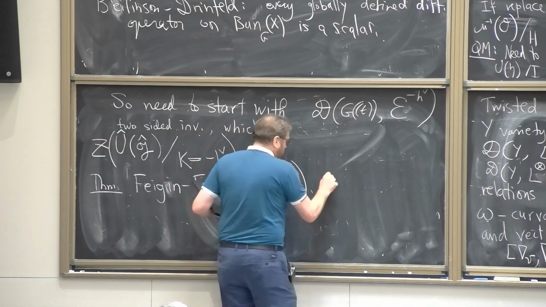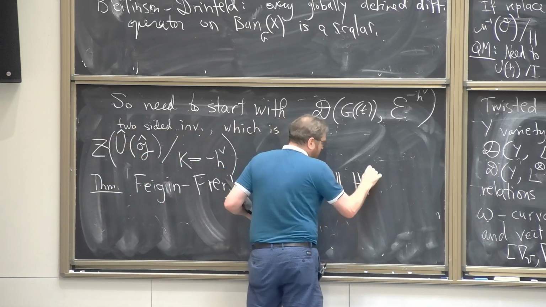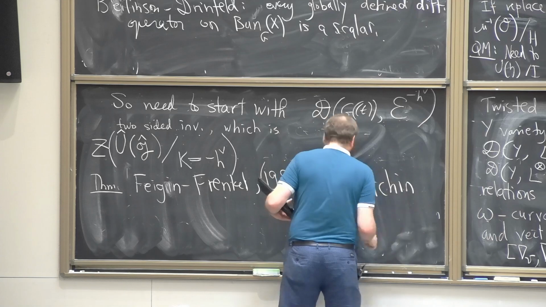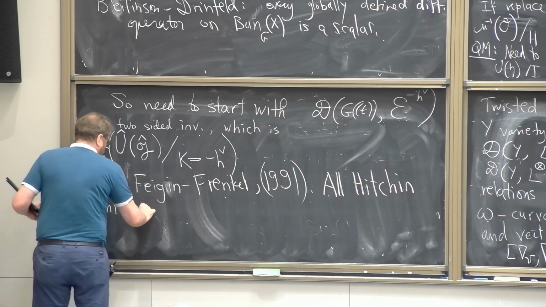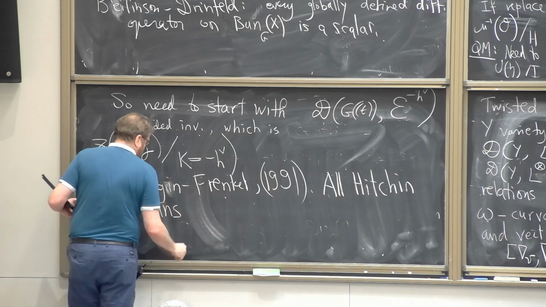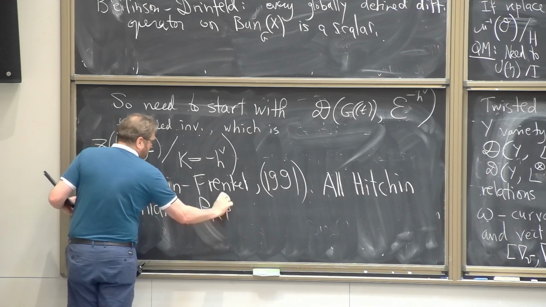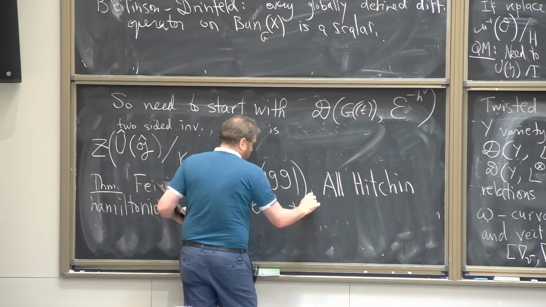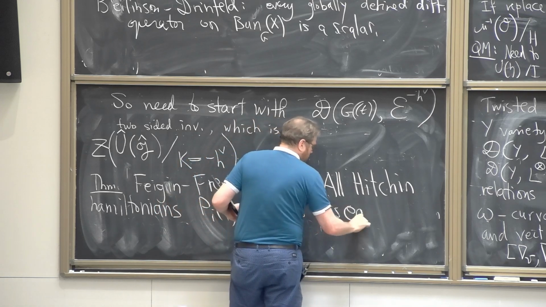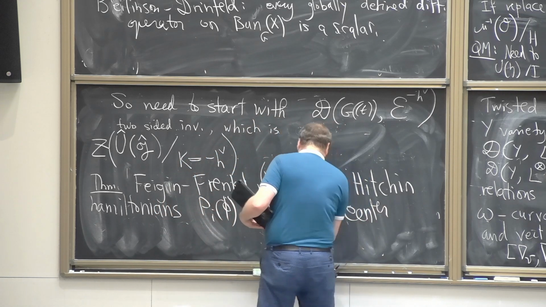And all Hitchin Hamiltonians Pi of phi lift to this center, which means they can be quantized.